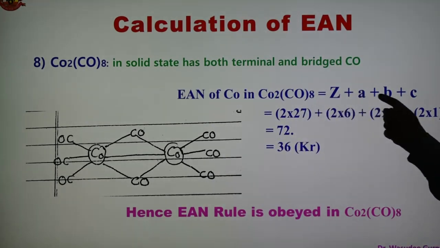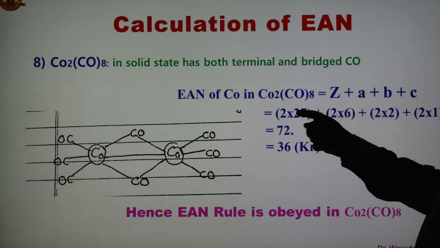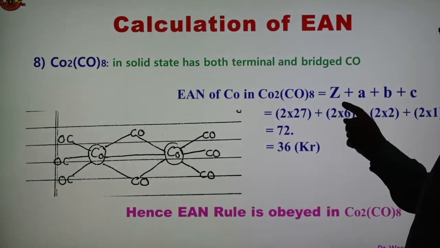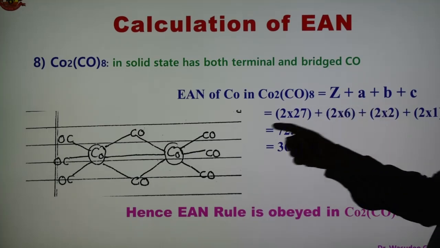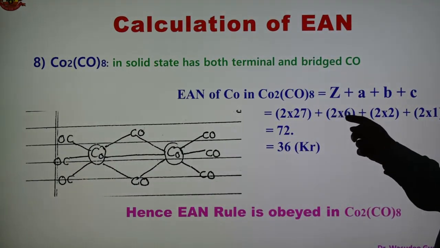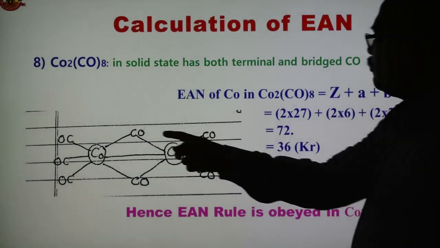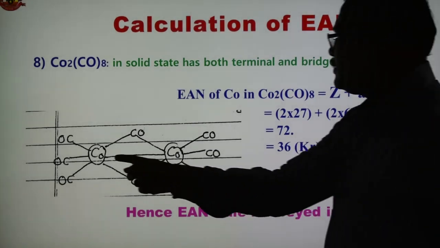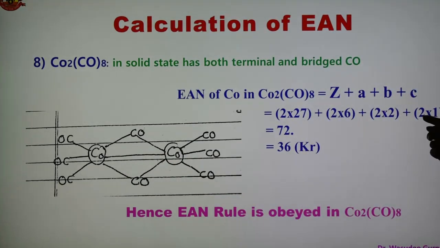Formula is Z plus A plus B plus C. Z, the atomic number of cobalt, is 27. 2 metals are there, therefore 2, and terminal carbonyls are 6, 3 on this and 3 on the second metal, so 2 into 6. Bridging carbonyls are 1 and 2, so 2 into 2. 1 metal bond is there, in the center, 2 into 1.